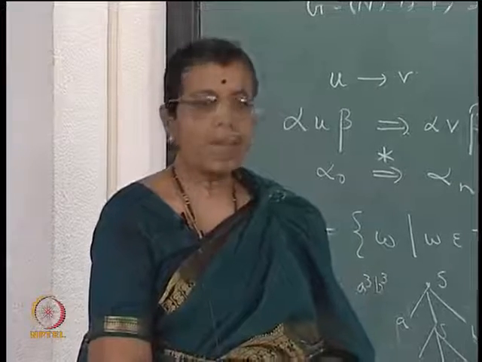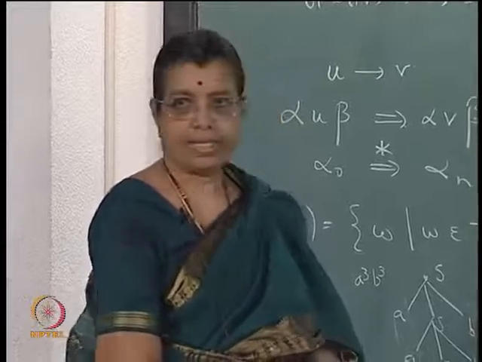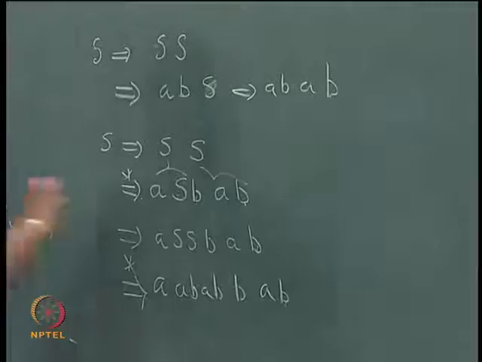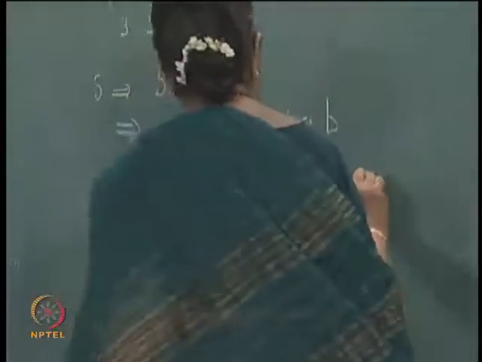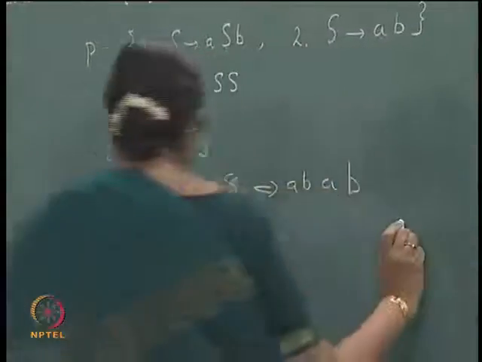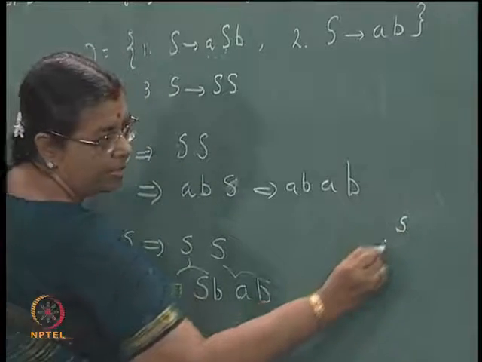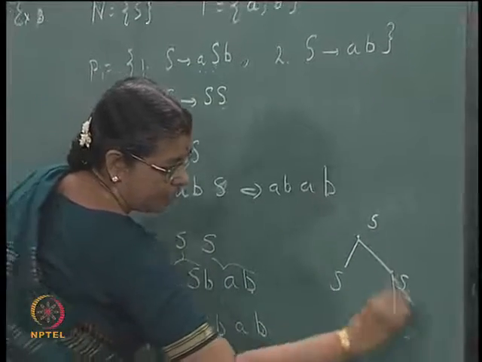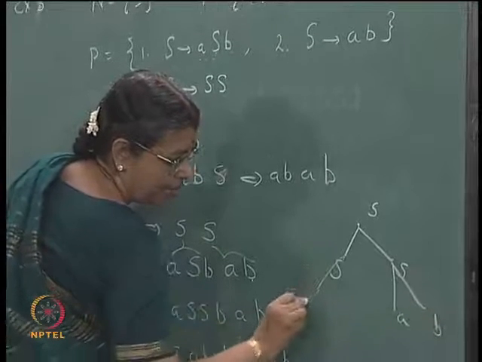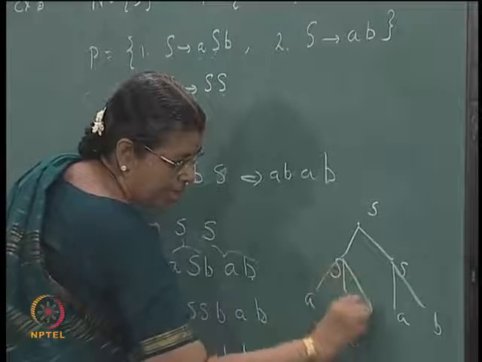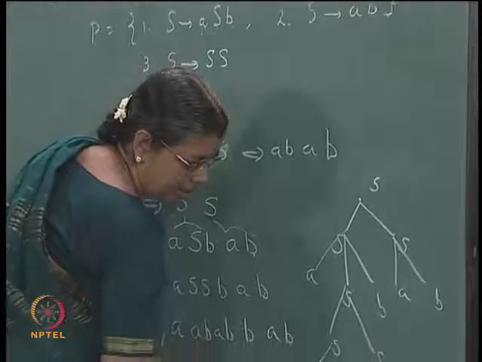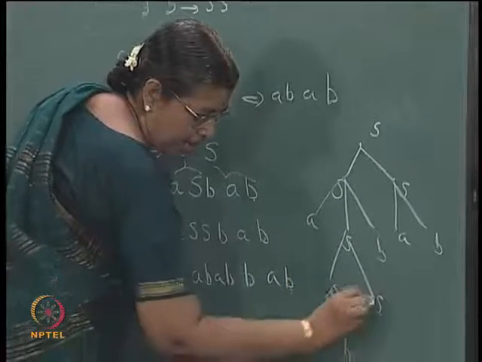How do you describe the language generated by this? Let us consider the derivation tree for this. It will be S goes to SS, this goes to AB, then this goes to ASB, this goes to SS, then AB.